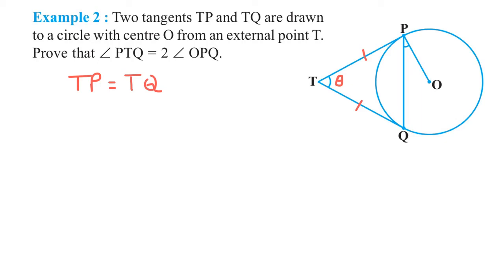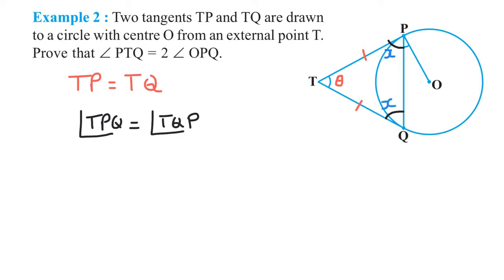So, angle TPQ will be equal to angle TQP. Why? Because it is an isosceles triangle. Let us label this as x, so this also will be x.